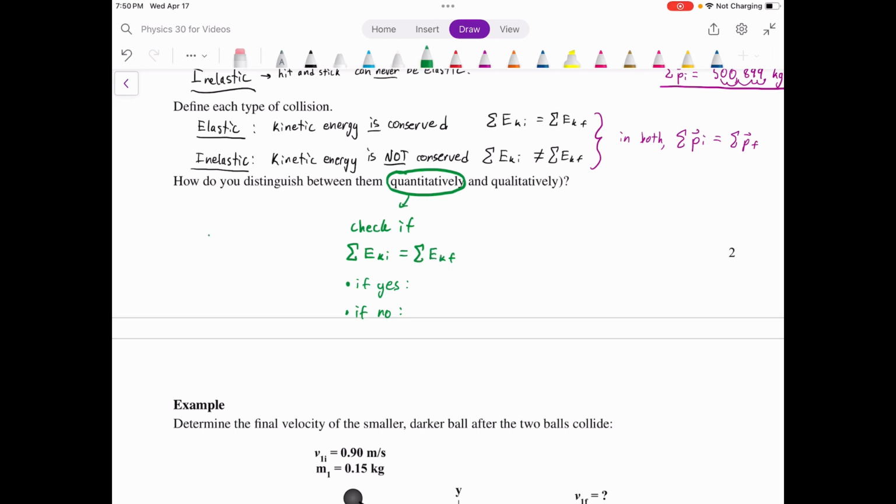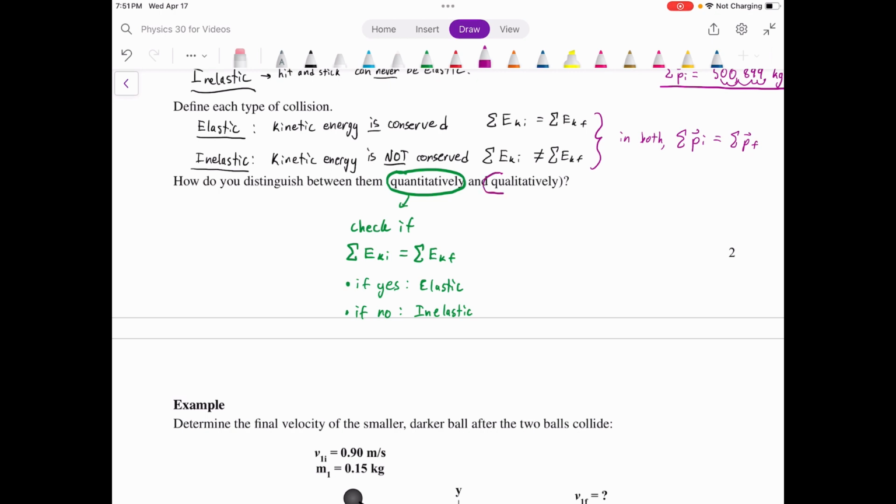And we can calculate kinetic energy with just mv squared over 2. So do that for every object before and for every object after. Add them up before, add them up after. If you get the same number, then it is elastic. If not, then it's inelastic. That's really all there is to it. If kinetic energy was not conserved, it cannot be an elastic collision.